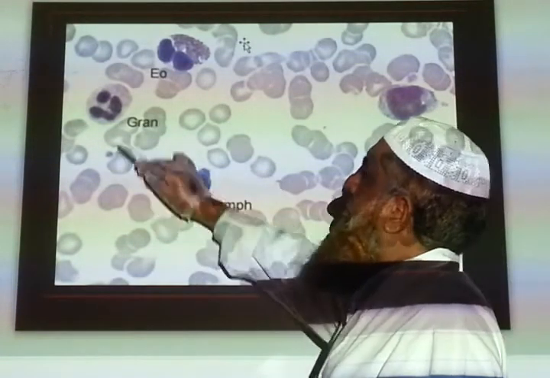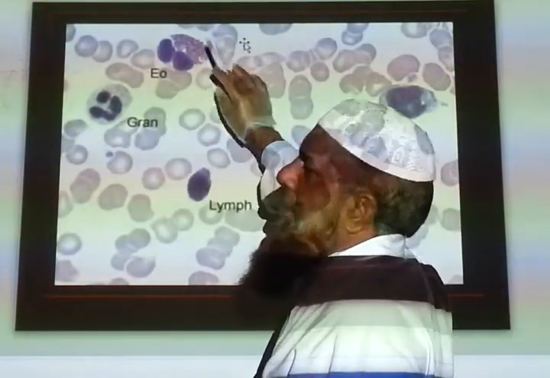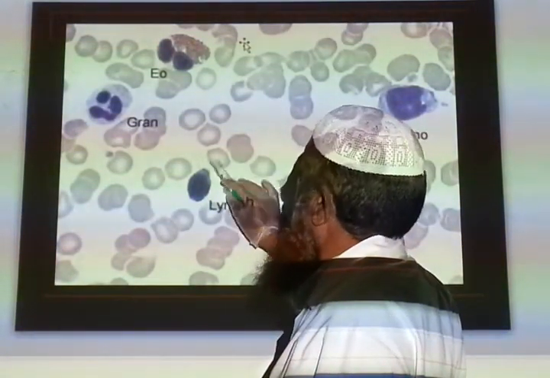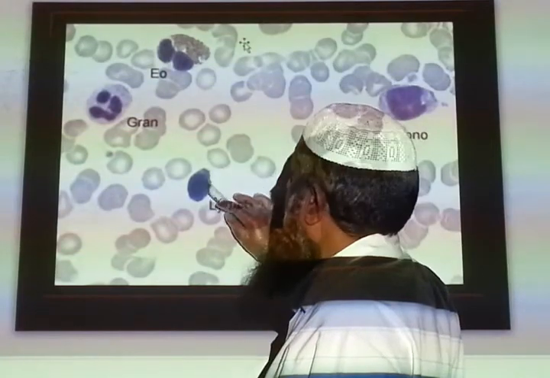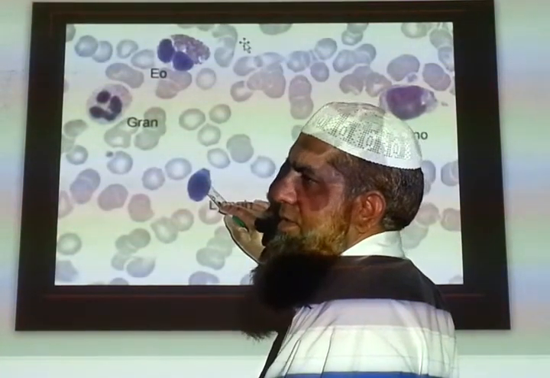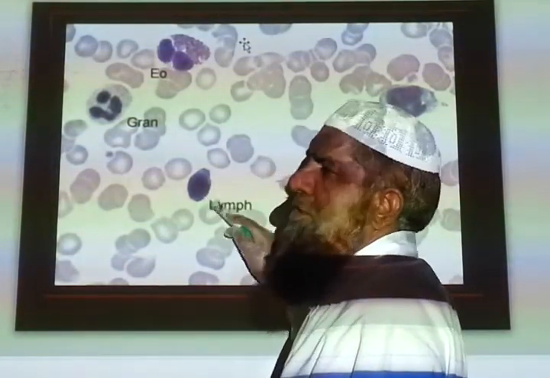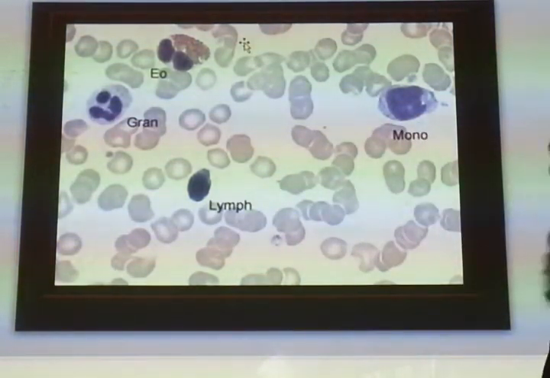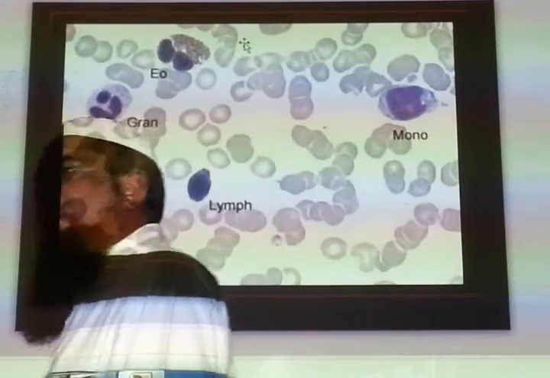This is pinkish blue. This is red. Lymphocyte is slightly larger than normal red cells. This is a small lymphocyte. Most of the lymphocytes in the circulating blood will be like this, 80%. 80% means 80% of the lymphocytes.